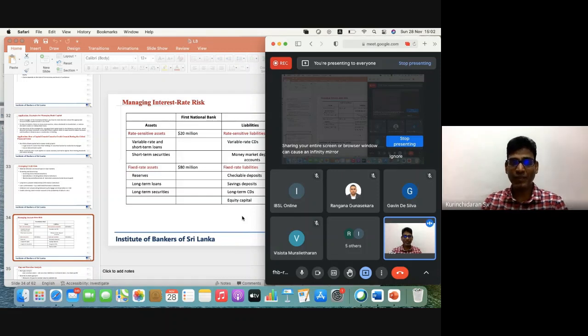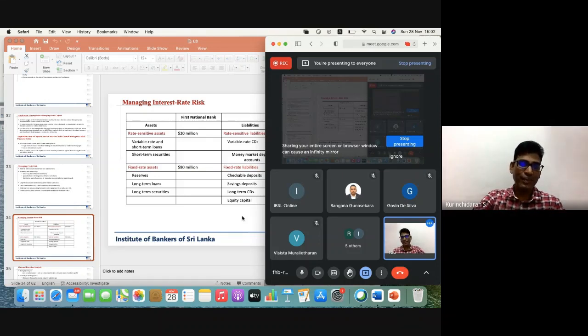If you think, okay, you will lose, then definitely your loan portfolio or new loans will, most of the time, go for a variable rate. Right? So it's an interest rate risk. So you should be able to analyze that, and you should have some kind of strategies to mitigate it as well.